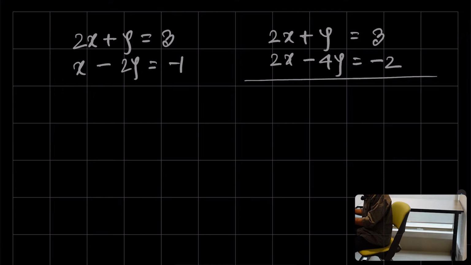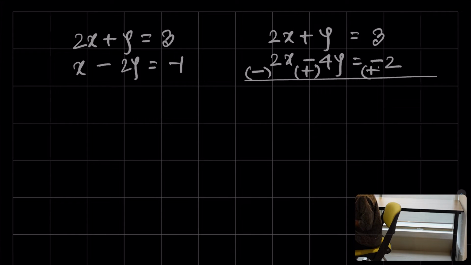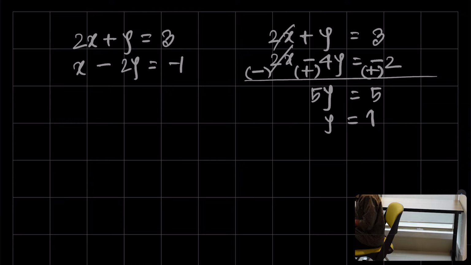Now if I subtract these two, this is a minus and this is a plus, so this is also a plus. So I can cancel these two terms, and this adds up to 5y is equal to 5. So the solution for y is equal to 1. Similarly, you can find that the solution of x is also equal to 1.